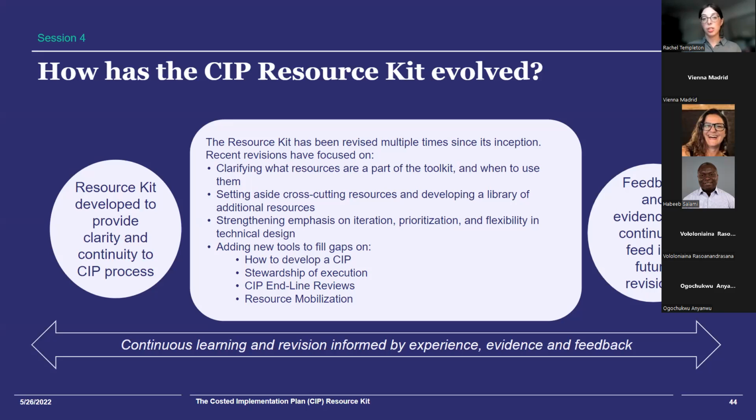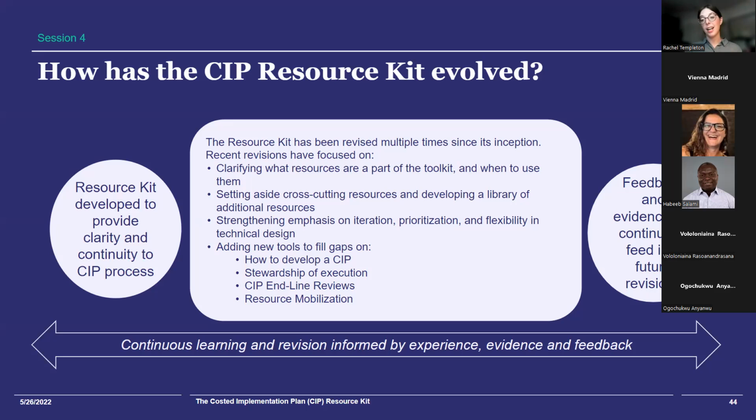Also over time, some resources have become out of date or less relevant. So what we've done is to clearly outline exactly what is the CIP Resource Kit and to clearly identify the tools that are most relevant and useful for specific steps of the process. I'll go through that in the next slide.